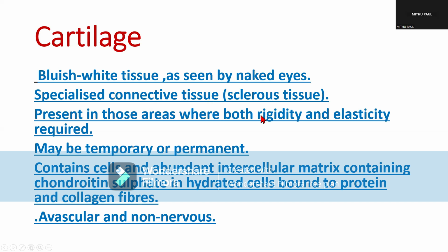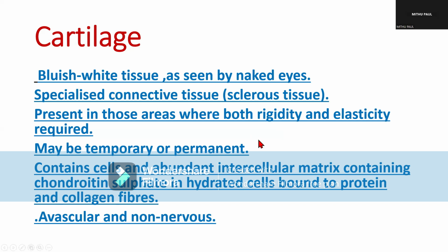Now, cartilage is a substance which is rigid. At the same time, it allows elasticity. So it is present in those areas which require to be rigid, and at the same time, allow elasticity. That cartilage may be temporary or permanent.